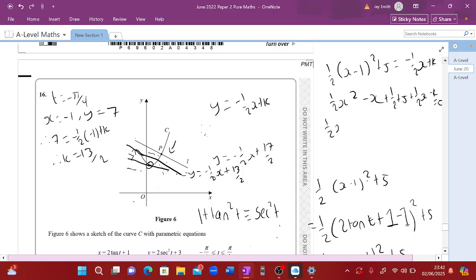So then that'd be a half x squared minus x plus a half x, that's minus a half x. Add a half, add 5 minus k. That's going to be 11 over 2 minus k equals 0.